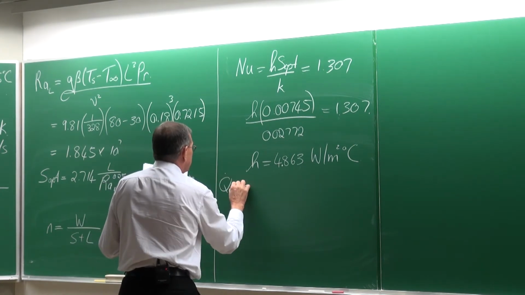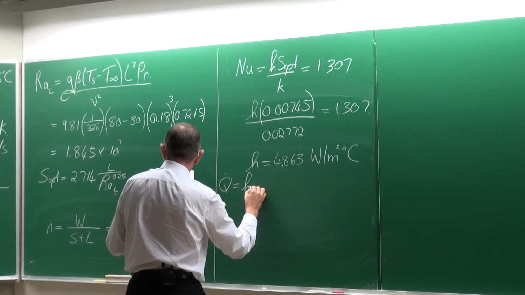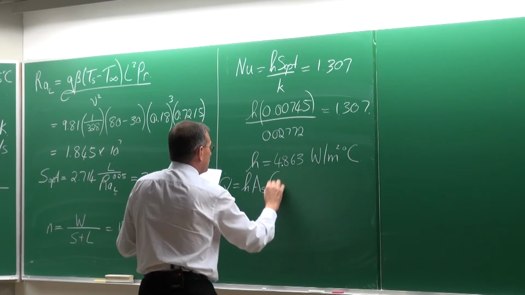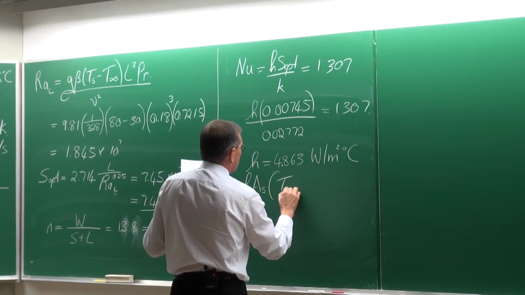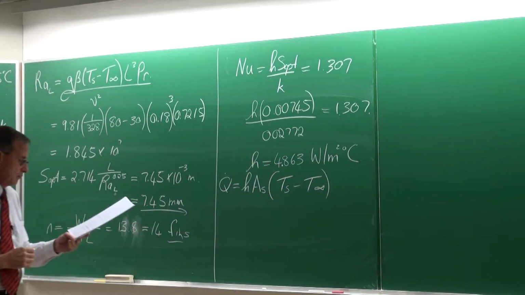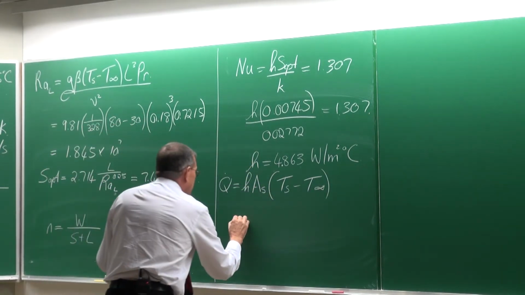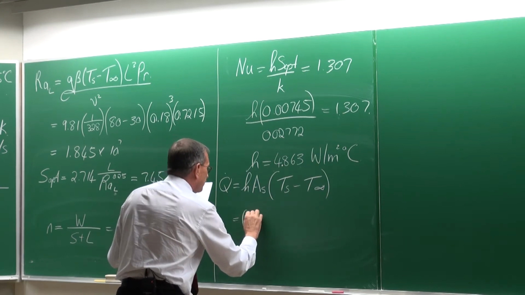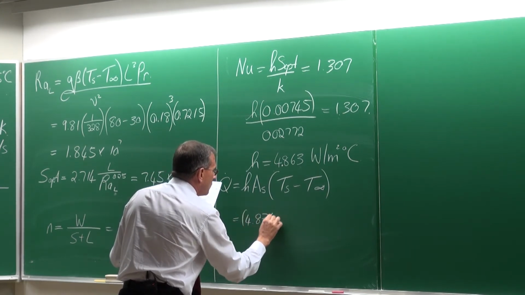Now we can calculate the heat transfer rate, which is equal to the heat transfer coefficient multiplied by the surface area multiplied by the surface temperature minus the temperature of the environment. The heat transfer coefficient is equal to 4.863.